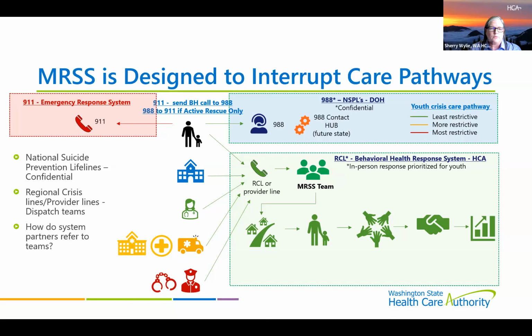You know, for where I live, I can call 988 and my neighbor could call a regional crisis line and one of us would get a team dispatched. And so we want to make sure that families understand who to call, when to call, and where to call, and that they have a consistent experience and don't resort to calling 911 and don't have to tell their story over and over again to get in-person help. Next slide, please.